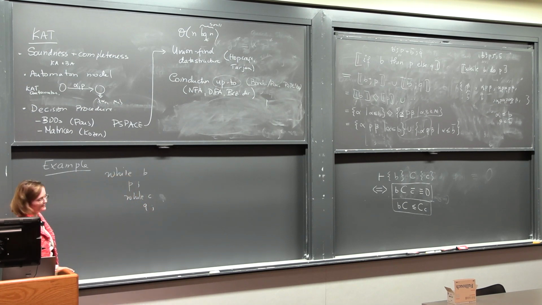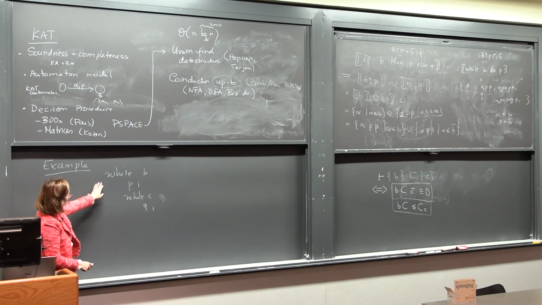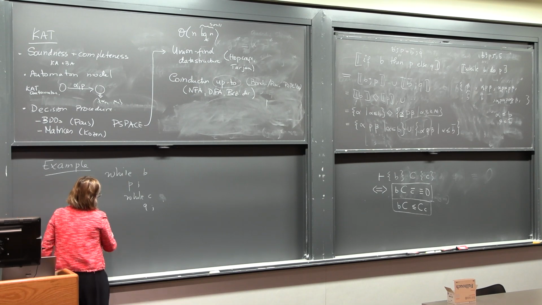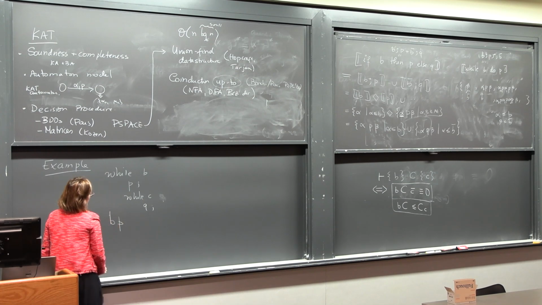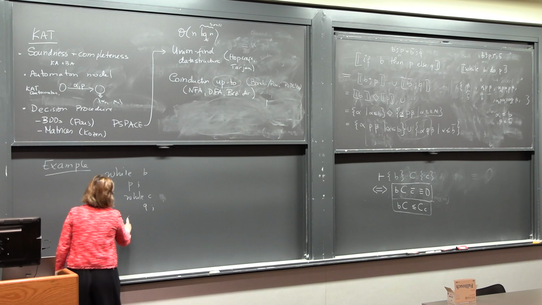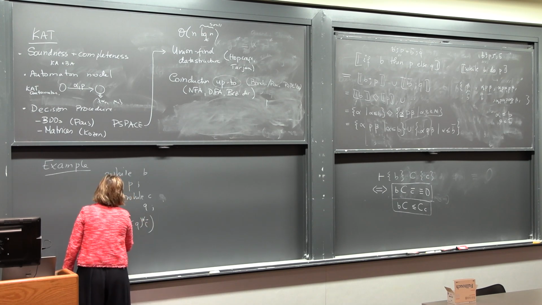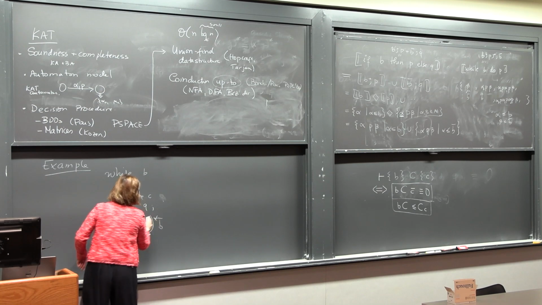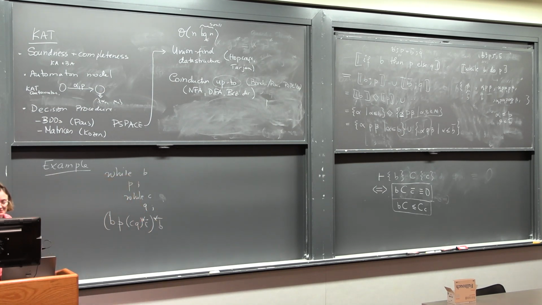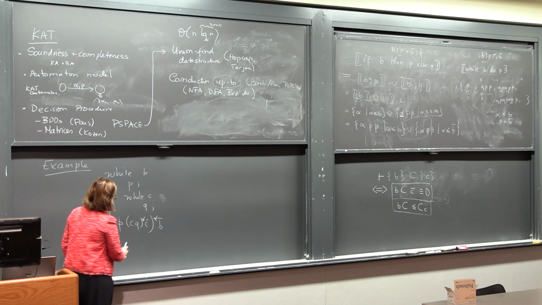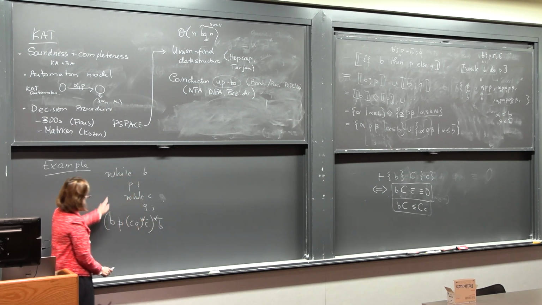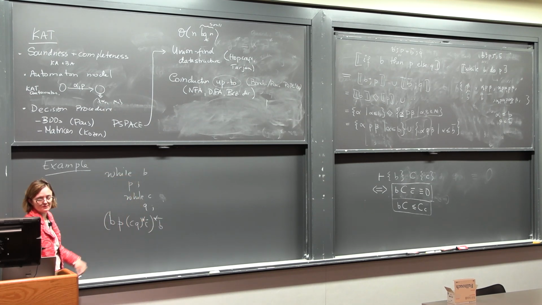So we wanted to show that that's equivalent to something else. What is this as an expression? This will be (BP)* not B, then (CQ)* not C. Hopefully I didn't make a mistake in that. Okay, so this is expression number 1 corresponding to that program.